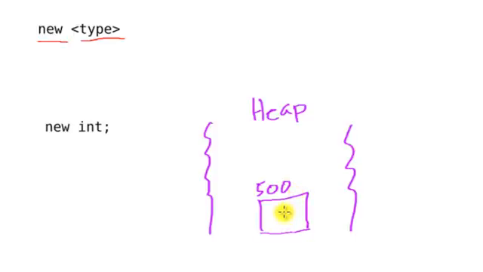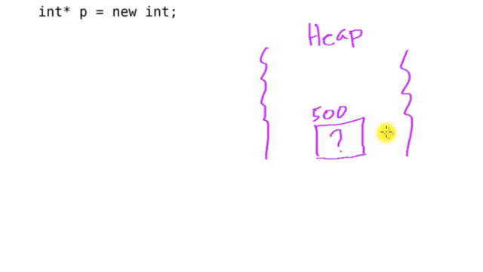In terms of the value that exists here, we really don't know it. It's going to be whatever value existed there when we performed the new operation. So it's a meaningless value at this point until we override it with some meaningful value. But as it is right now, with just this new int statement, we don't have a mechanism to reference this particular int out on the heap.